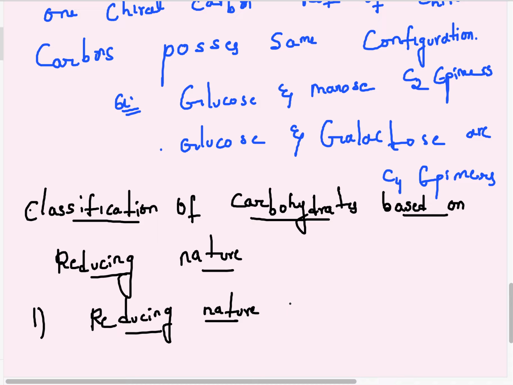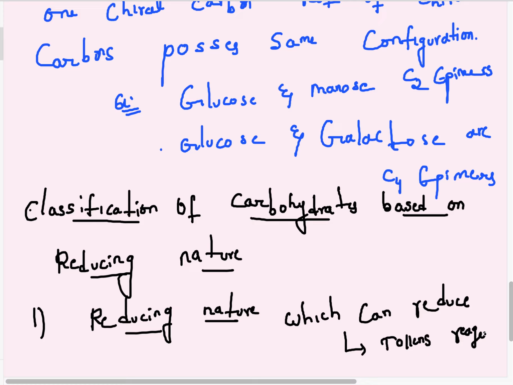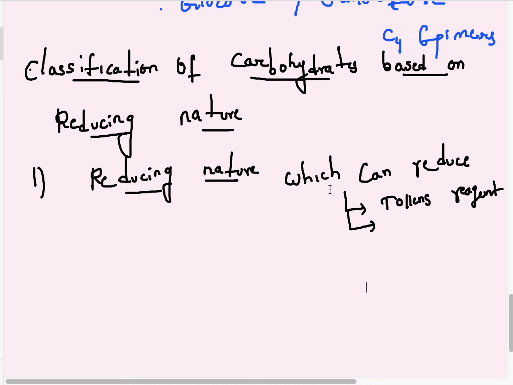Reducing sugars are those which can reduce Tollens reagent, ammoniacal silver nitrate, and Fehling test, Fehling solution.